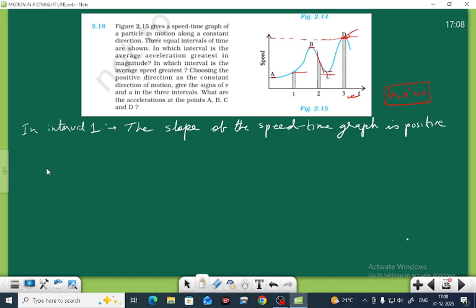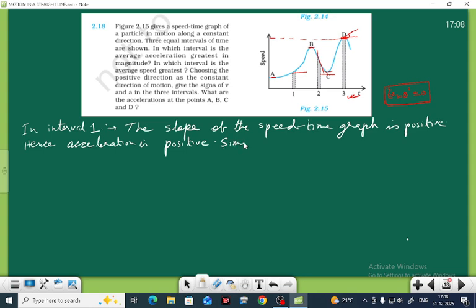Its acceleration is positive, hence acceleration is positive. Similarly, the speed of the particle is also positive.